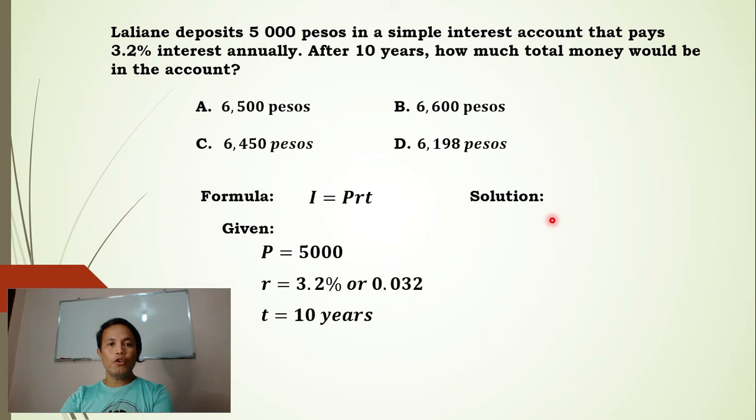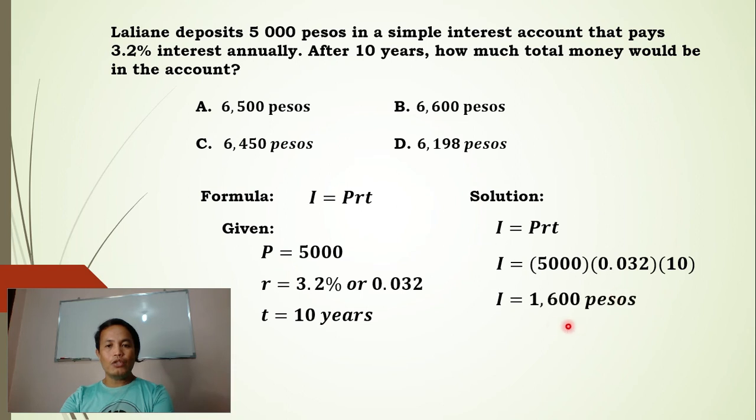So for the solution, still we will be using the formula I equals PRT. Again, we substitute these values to the formula, principal times rate times the time. So 5,000 times 0.032 times 10. So we multiply everything. This will be equal to 1,600 pesos. But this is only the interest, 1,600 pesos.